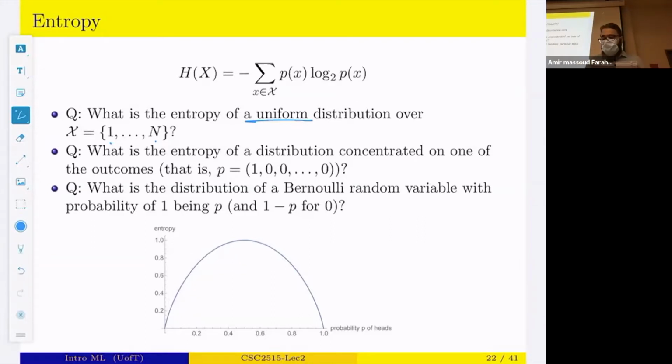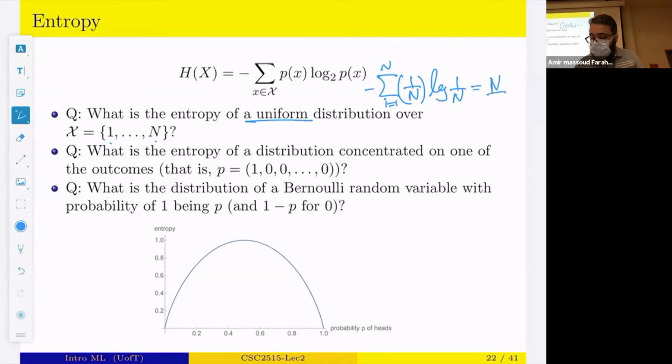So that would be log N. What is the probability? We have a summation over i equal to 1 to N, each with probability 1 over N, of log of 1 over N. There's a minus there too.